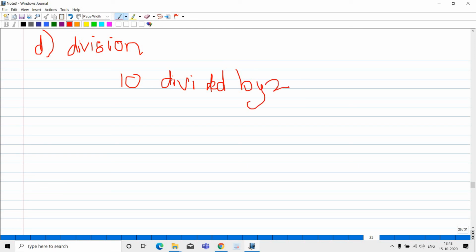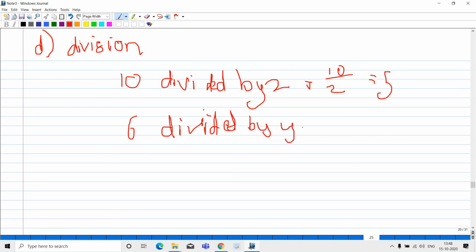This is the statement, and then we do 10 by 2. We do division, and the answer will be 5. So like this, I am writing another statement: 6 divided by y.